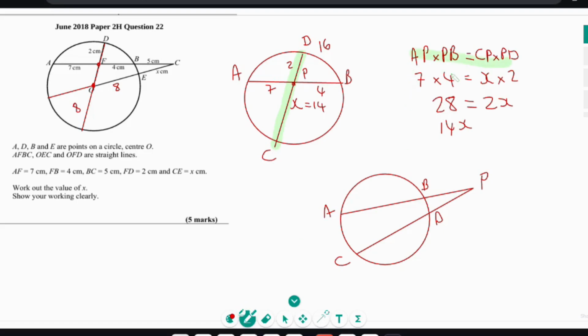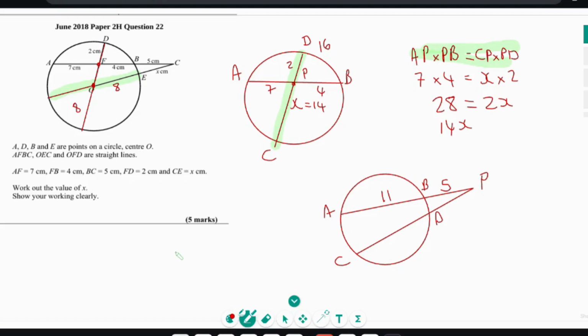AP times PB equals CP times PD. What do I know? AB is 11, 7 plus 4. PB is 5. I've just changed that to be a P. Right, now CD, so my CD here is that line there, which is 16.